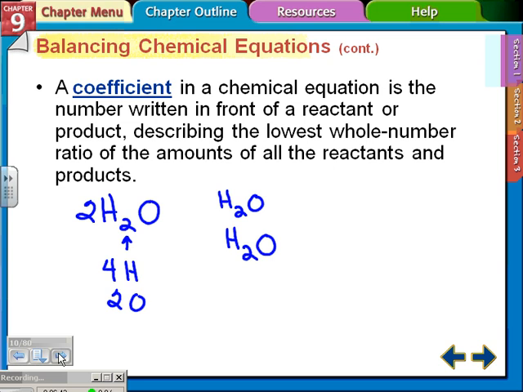So instead of writing them out like this, I can write it out like this using my coefficient to represent how many of those water molecules I have. So the point is, you can never change the subscripts once a chemical formula is correctly written, because you change the identity of the substance, but you can put a coefficient in front of the chemical formula to change the quantity of that substance that you have.